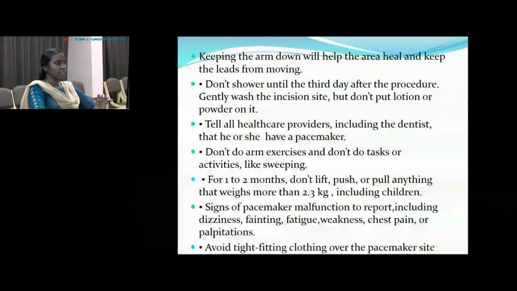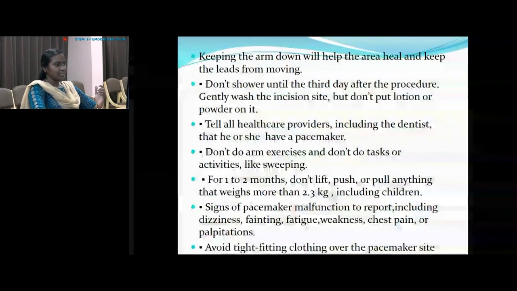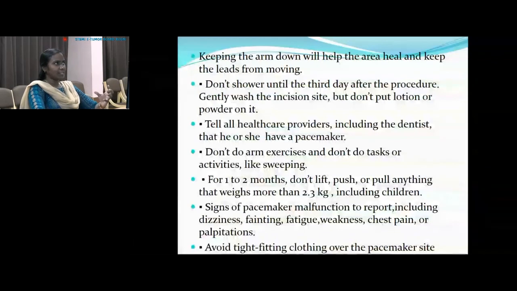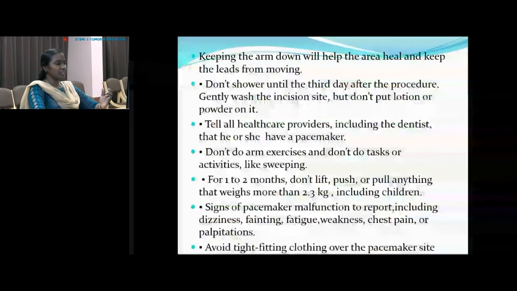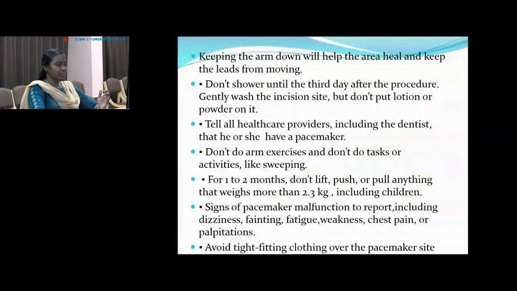And arm exercise should not be done immediately after the pacemaker, and vigorous activity should be avoided, though mild activity can be carried out. For 1 to 2 months, don't lift, push or pull anything that weighs more than 2.3 kg, including children. Signs of pacemaker malfunction to report include dizziness, fainting, fatigue, weakness, chest pain or palpitation.